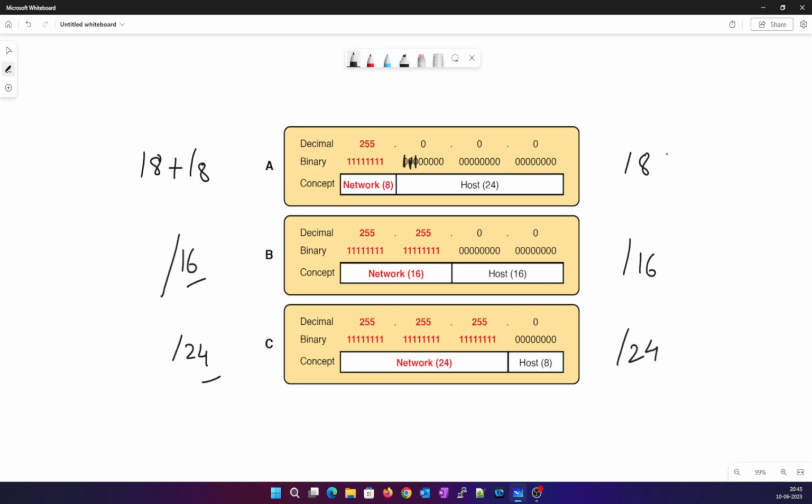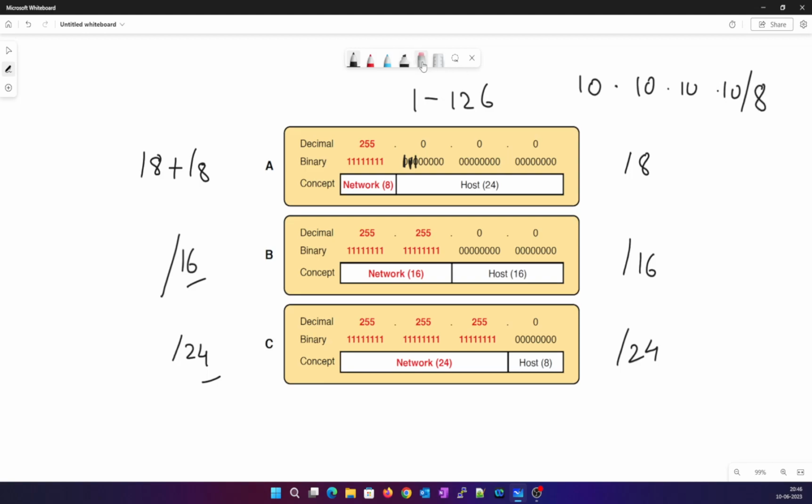But the moment we use an IP address belonging to the range from 1 to 126, let's say I write an IP address 10.10.10.10. If it is a classful IP address, I can write the address mask as slash 8.